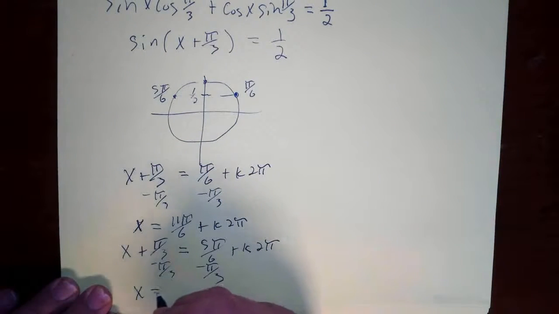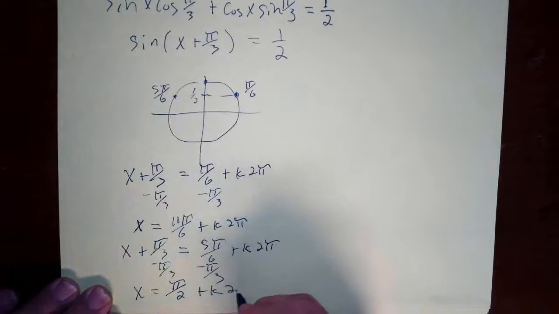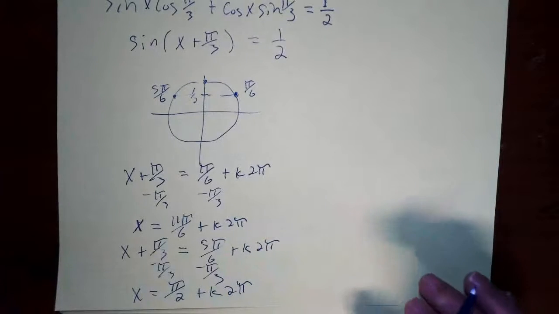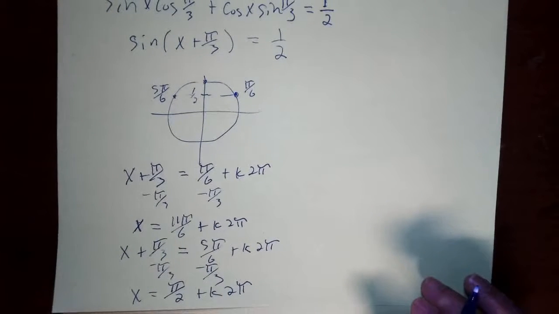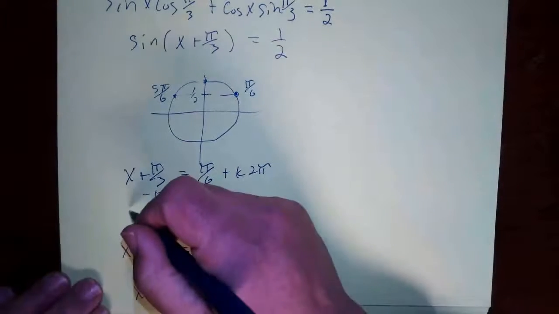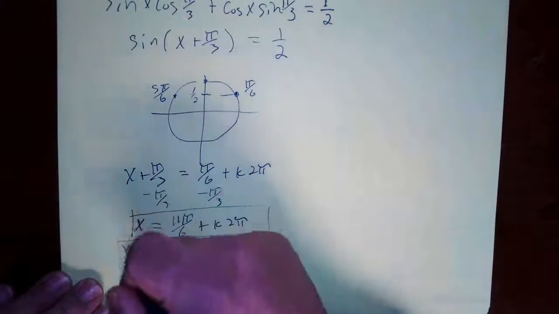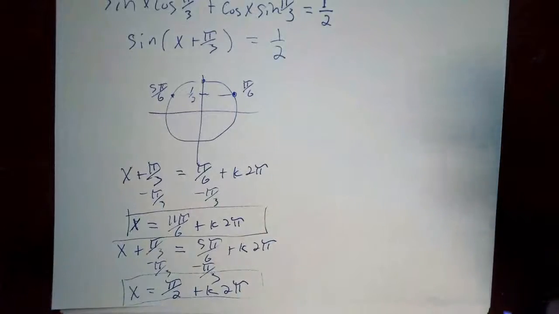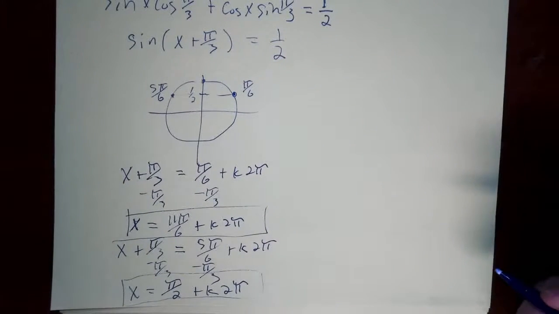So I would get x is equal to pi over 2 plus k times 2 pi. And that will be the solution set, this one and this one. So that takes care of that.